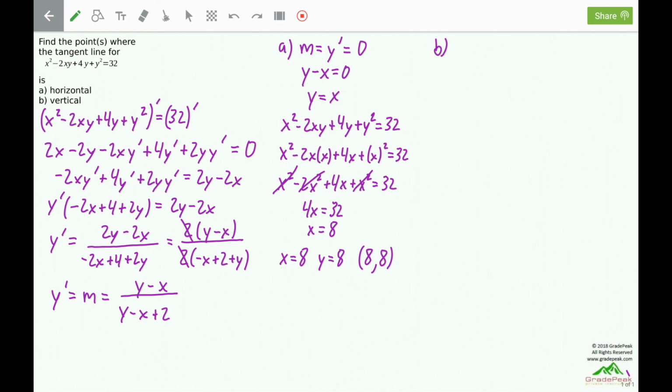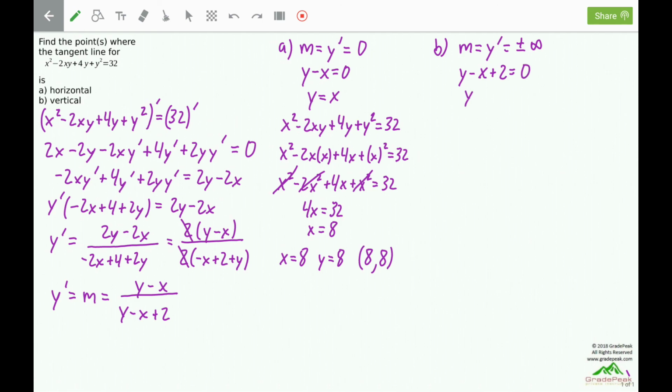Now let's look where the tangent line may be vertical. We now want the slope, which is the derivative, to be positive or negative infinity. This occurs when the denominator, down here, is equal to 0. So we want y minus x plus 2 to equal 0.